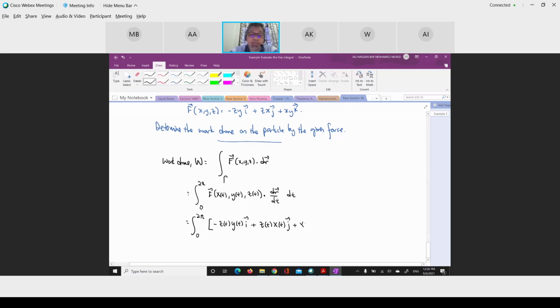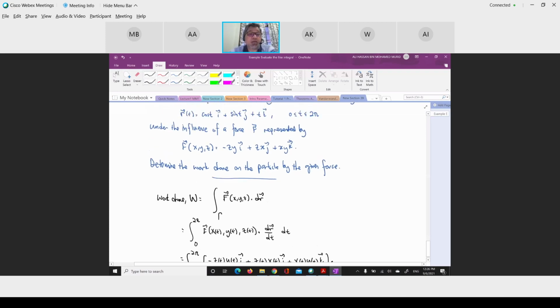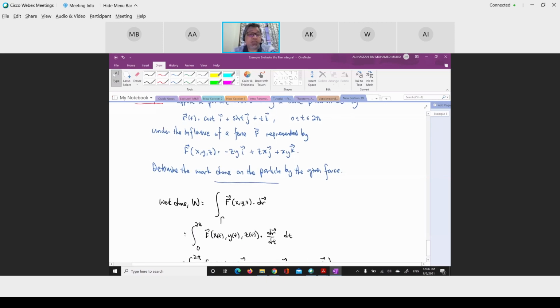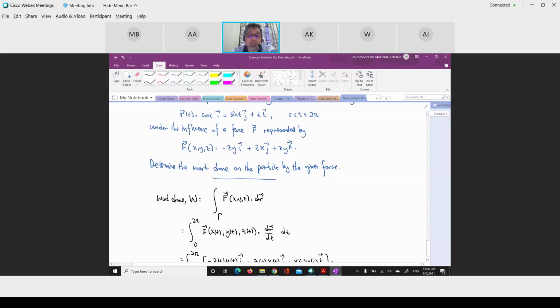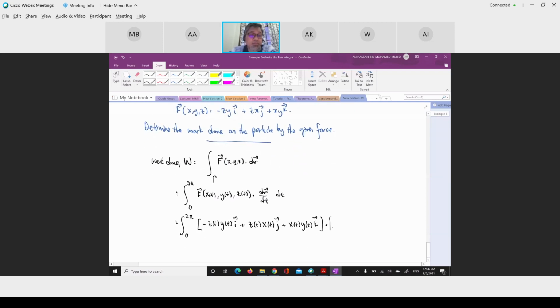We replace x by x(t), y by y(t), times the vector k, and dr/dt. Okay, what is dr/dt? Look at r(t). We differentiate r(t) to get r'(t), so we get minus sine t i plus cosine t j plus the vector k, times dt.